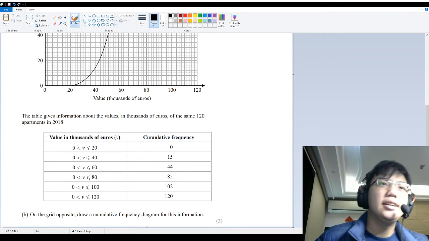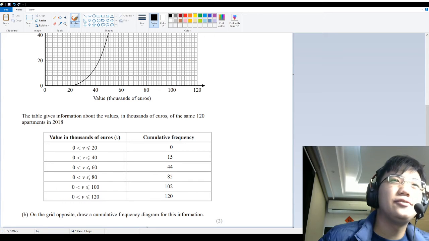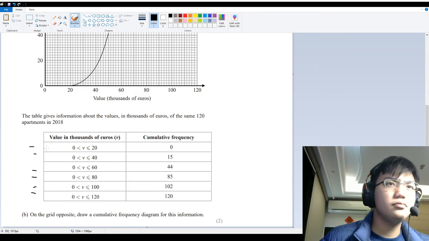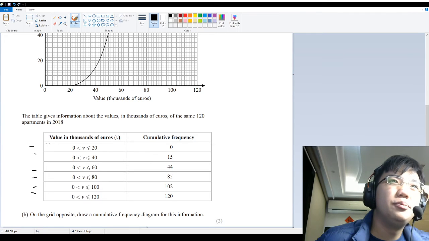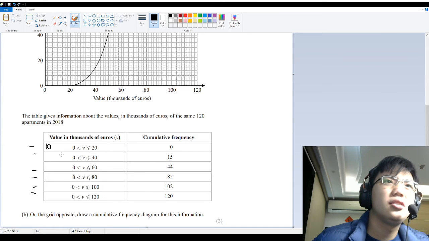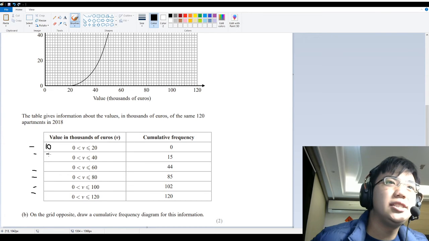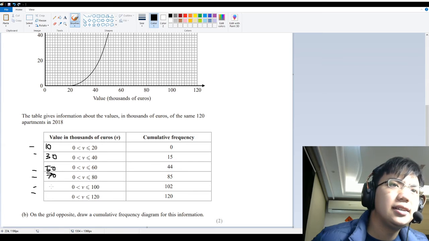So firstly, the value in thousands of euros, we find the median value for each of these boxes. So the median value between 0 and 20 is 10. The median value between 20 and 40 is 30, 50, 70, 90, and 110.